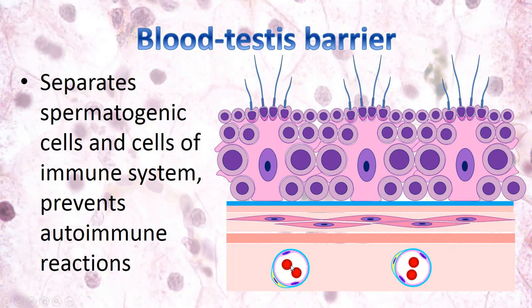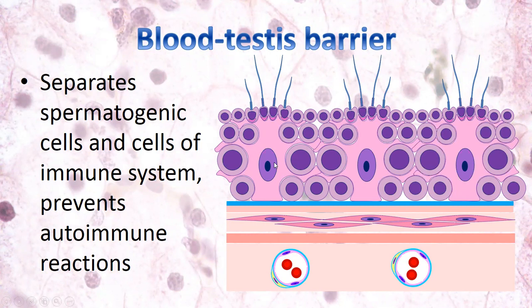Some cells of the immune system which provide immune surveillance are present in the capillaries, and they describe them as own. But other cells, haploid cells and primary spermatocytes which are entering prophase, should be separated from the immune system. They should be enclosed in the spermatogenic epithelium, and this is provided by the blood-testis barrier.